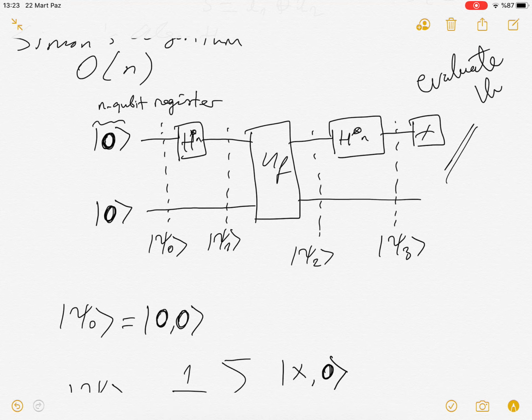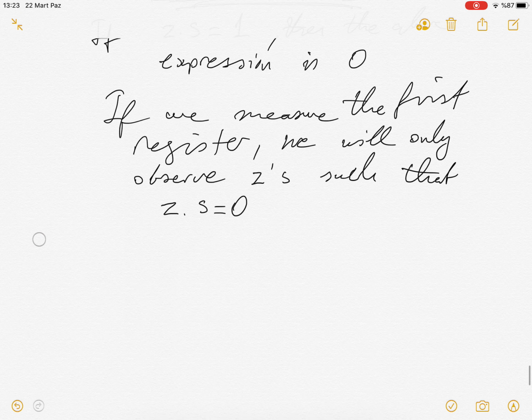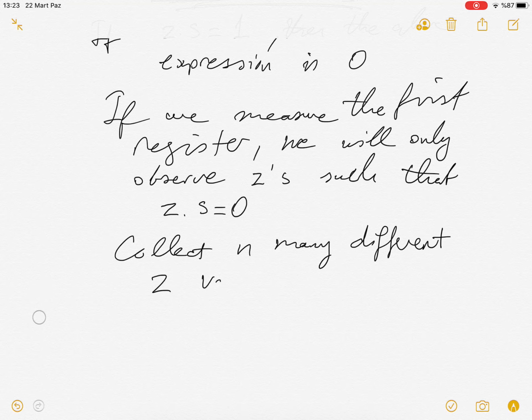So evaluate this circuit n many times and collect n many different z values satisfying this equation, because we will only get to observe those z's which are orthogonal to s.